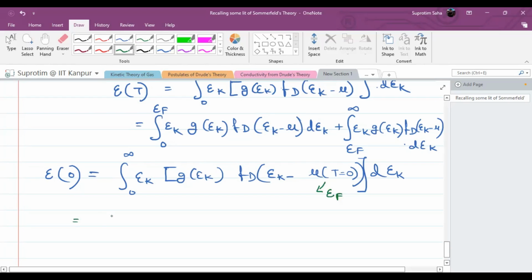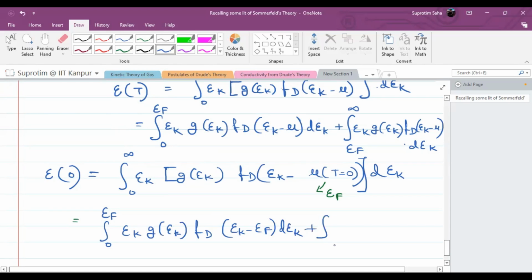So again, splitting this into parts, this is the integral from 0 to Ef of Ek, g of Ek, Fermi-Dirac of Ek minus Ef, d of Ek, plus the integral from Fermi energy to infinity of Ek, g of Ek, Fermi-Dirac of Ek minus Ef times d of Ek.